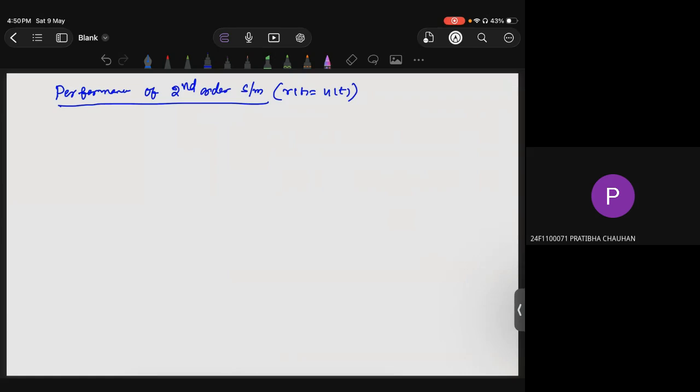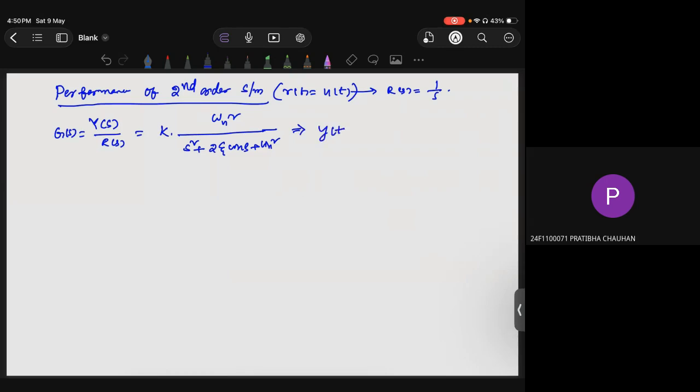Now y of s by r of s is the transfer function for the second order system we have seen just now, K omega n square by s square plus 2 zeta omega n s plus omega n square. What is r of s? R of s is 1 by s. If you substitute it, you get the y of s expression, and taking the inverse Laplace transform, you get y of t.